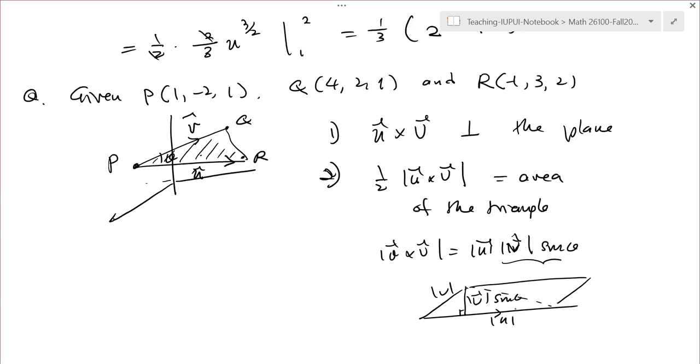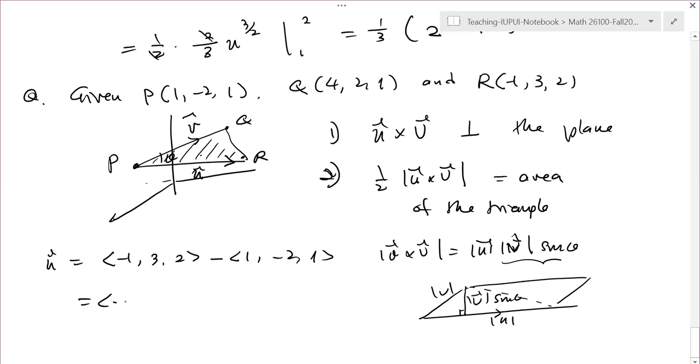Actually, if you want to find the parametrization for this plane, let's finish this first. So how do we get u? u is the difference of those 2 points, R minus P, right? That's (-1, 3, 2) minus (1, -2, 1).